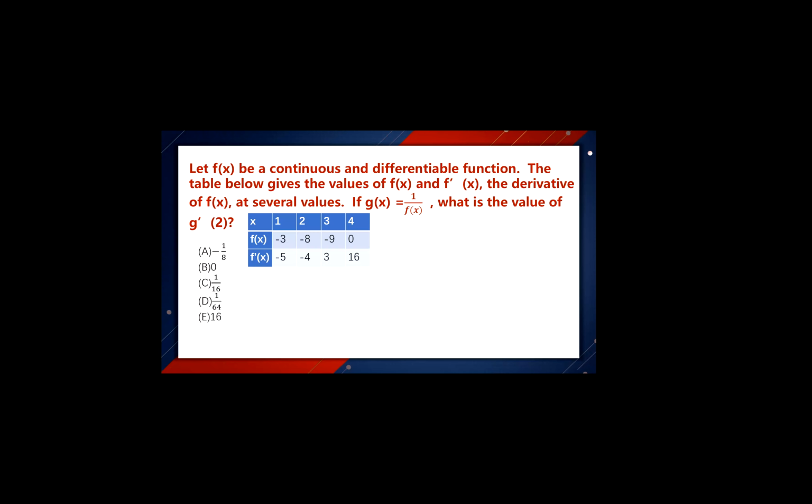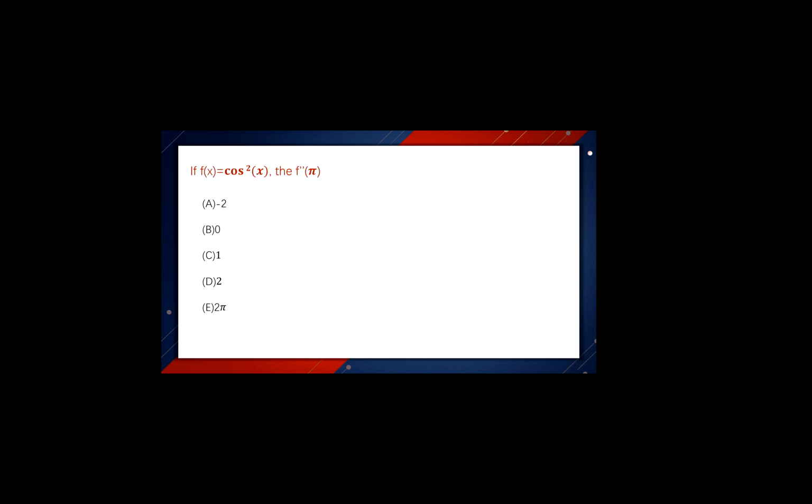So g(x) equals f(x) to the power of negative 1, then g derivative equals negative f(x) to the power of negative 2 multiplied by f derivative x. G derivative x equals negative 1 over f(x) squared multiplied by f derivative x. Then g derivative at 2 equals 1 over 16, which the answer is C.